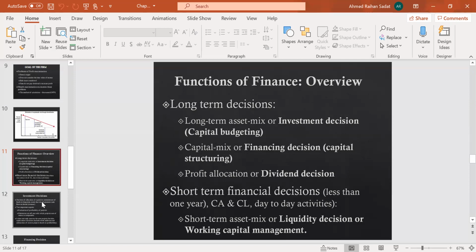Sorry, it's not capital mix, it's long-term asset mix. The second one is capital mix or financing decision or capital structuring. The first one is basically where to invest, and the second one is where to source the fund from. And there is another subsidiary of the second function, that is the dividend decision.